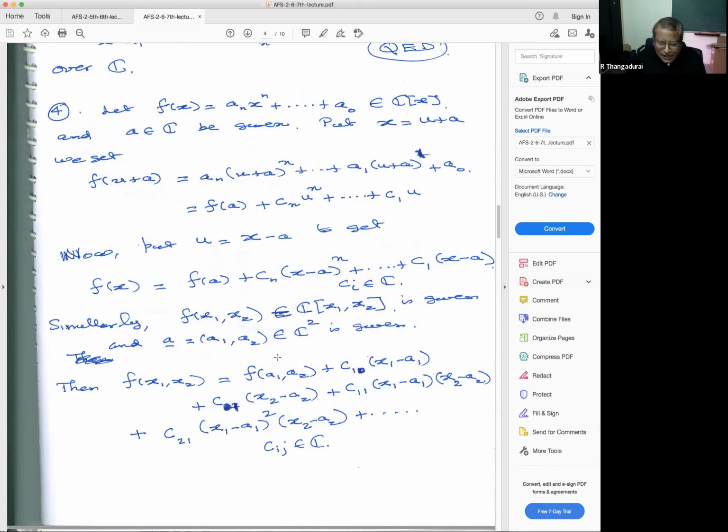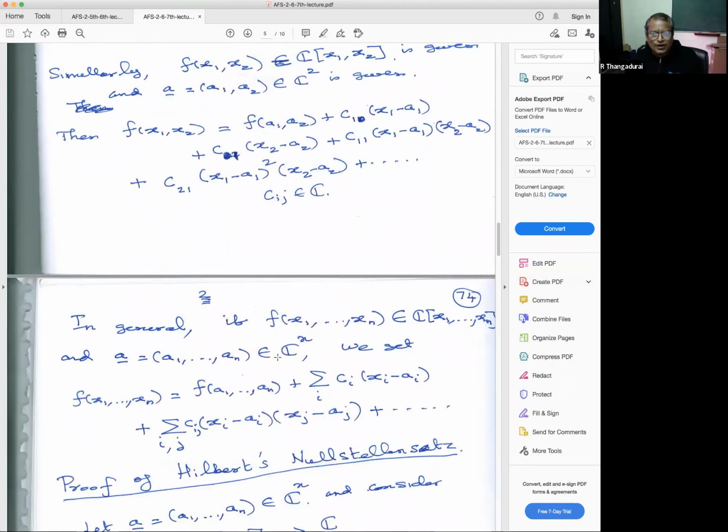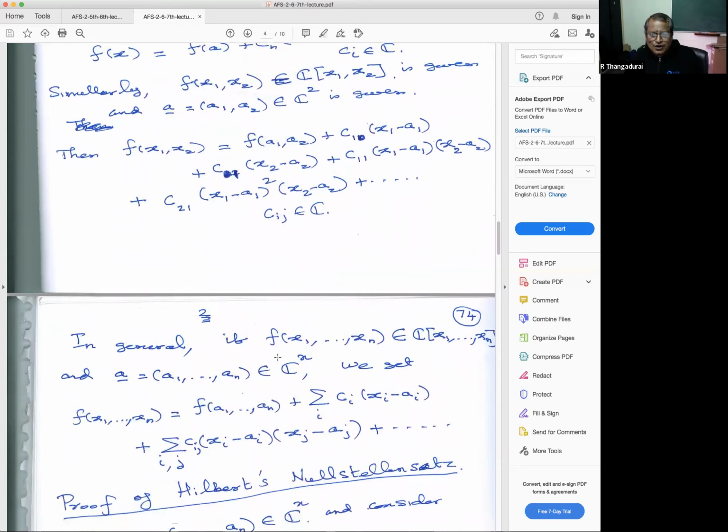The main point is that the constant term is going to be the evaluation map, evaluating f at the given point a. This is clear, and this is general.